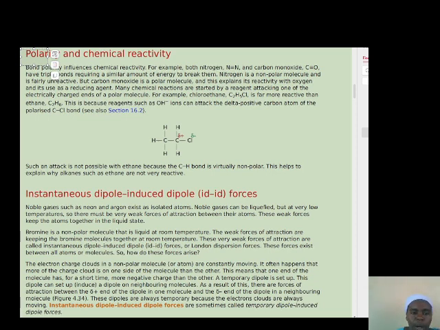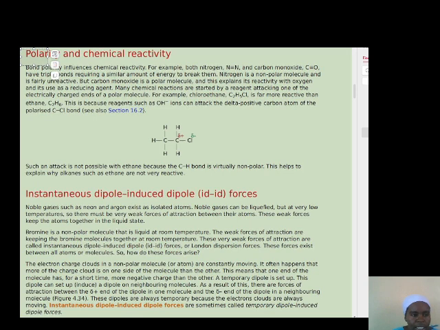It requires a lot of energy to break, and it is a polar molecule, with a partial positive charge on the carbon and a partial negative charge on the oxygen. So that is why carbon monoxide is highly reactive as compared to nitrogen, which is unreactive.